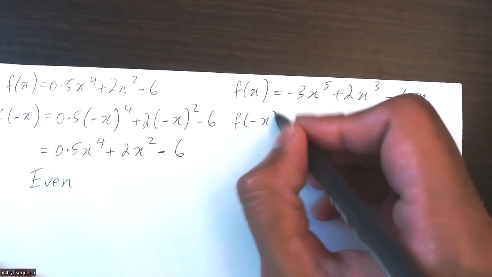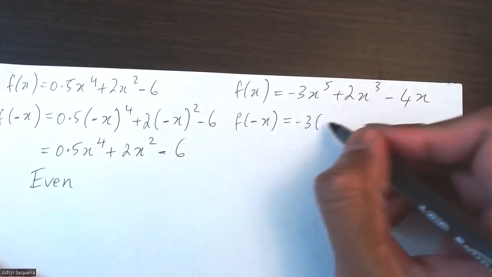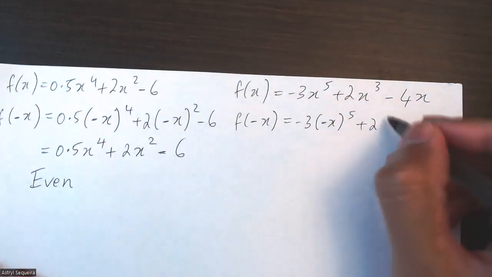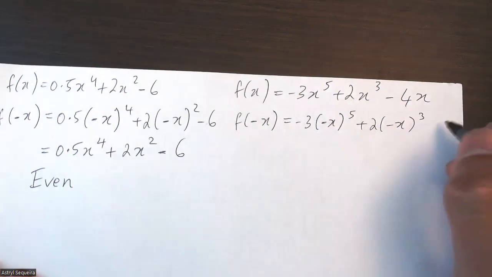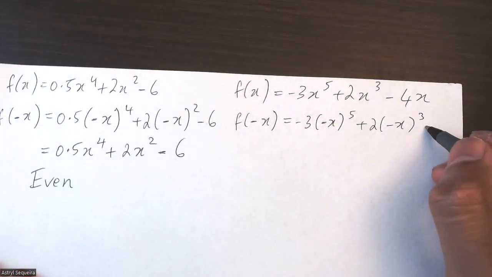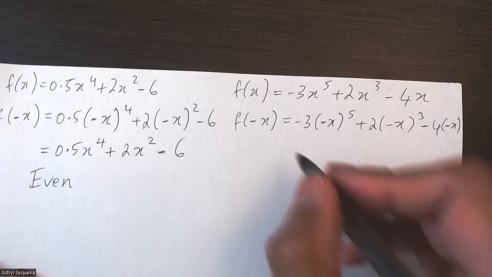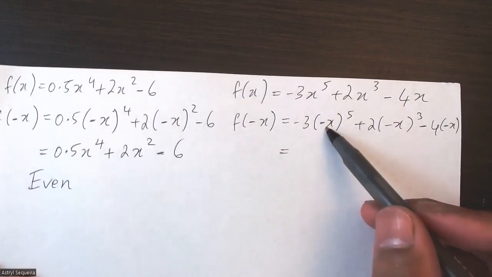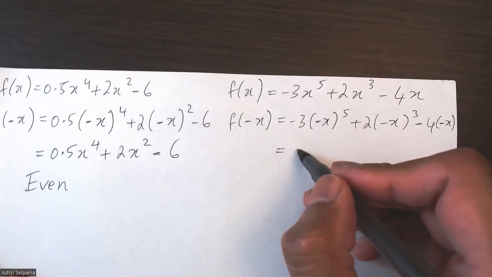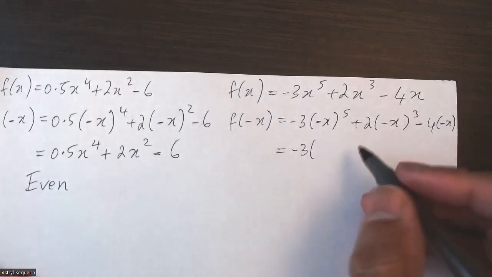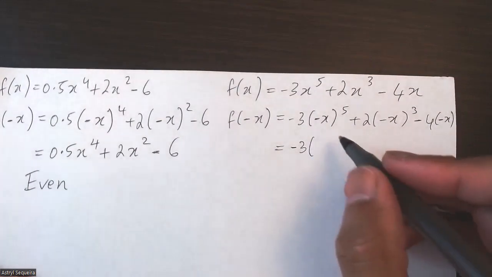So f of negative x, I'm going to replace all my x's with a negative x. Now I'm simplifying it. So negative x to the power of 5 is negative x to the 5. I'll actually write this out in an extra step to make things a bit easier for you, but you can normally skip this step.